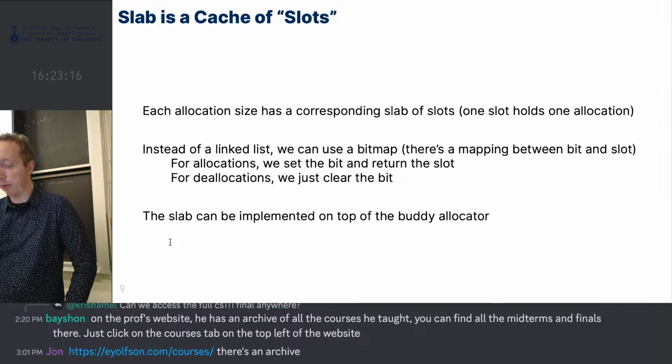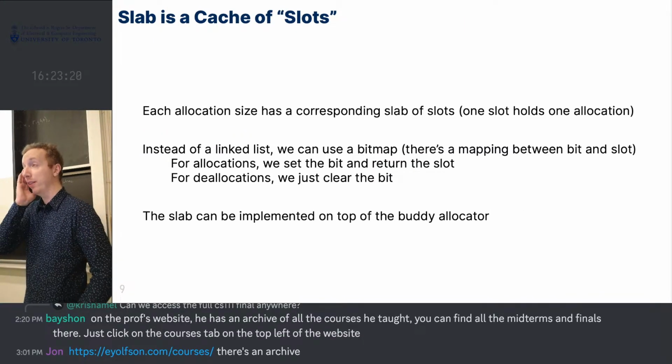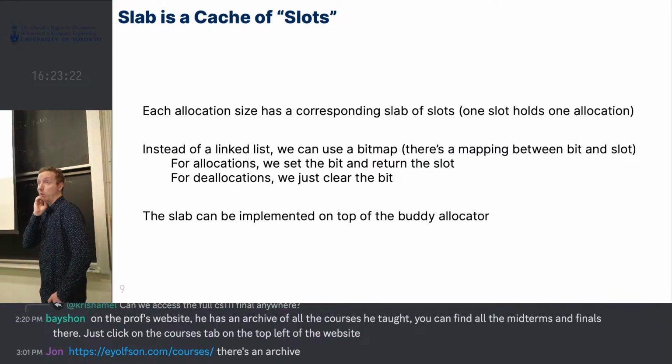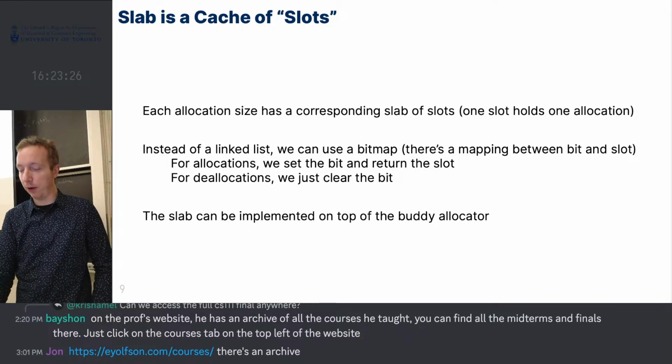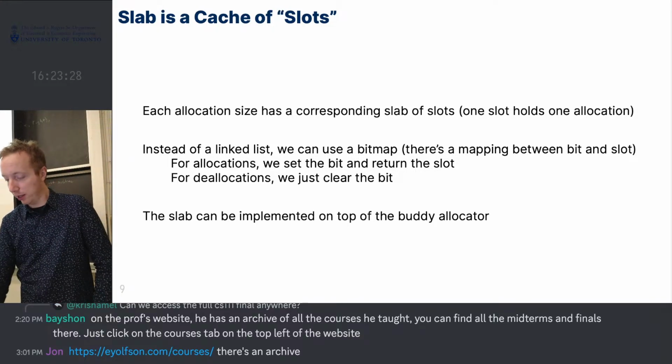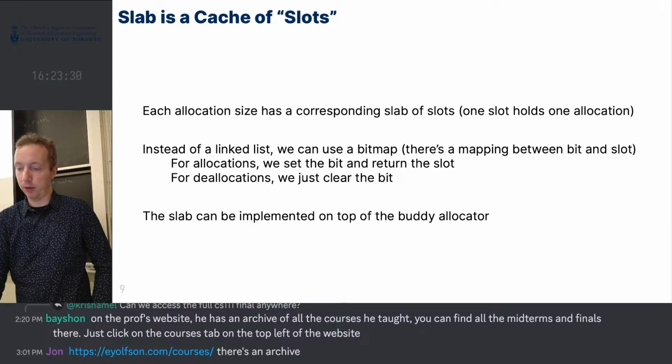It could be on top of a buddy allocator, or on top of malloc. Sometimes people will call it an arena if they're implementing their own memory allocators. But once you start caring about performance, you will probably implement or use something like this.